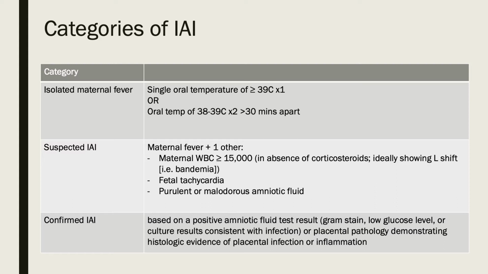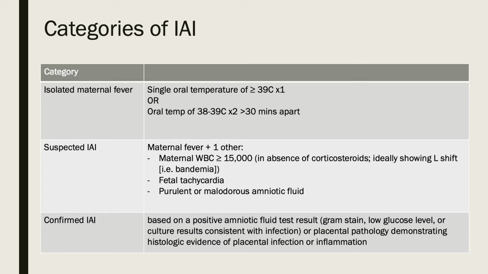Also fetal tachycardia or purulent or malodorous amniotic fluid. And it's important to also know that the National Institute of Child Health and Human Development criteria de-emphasize the use of maternal tachycardia in this suspected IAI category, and also de-emphasize the use of fundal tenderness.